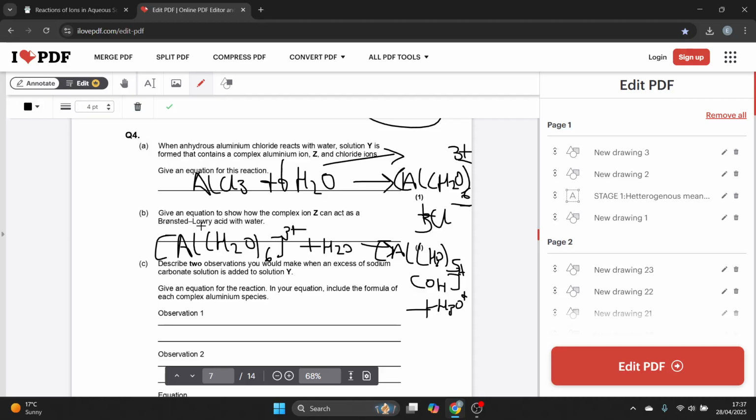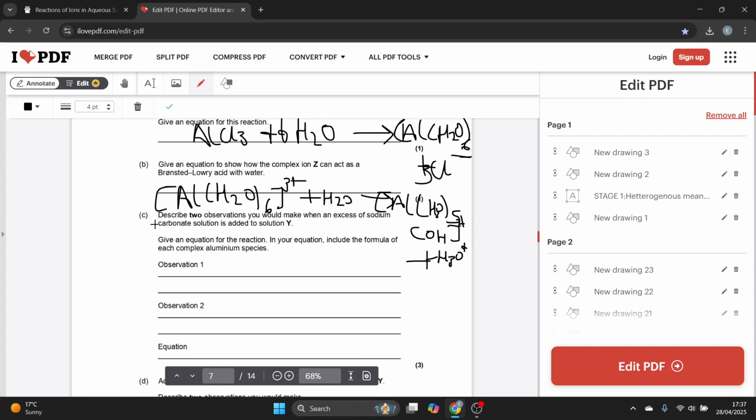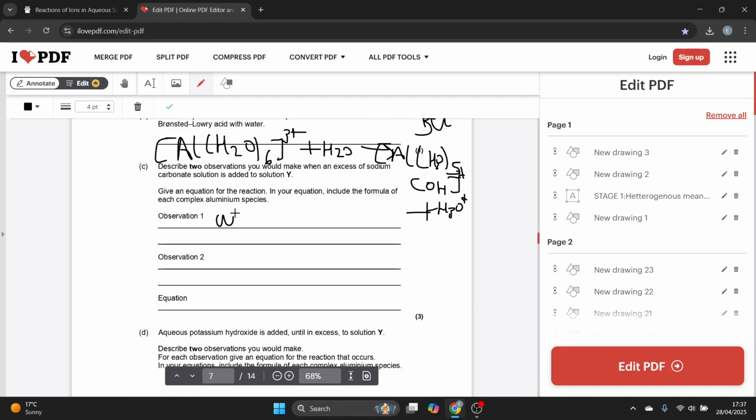Add carbonate ions to that, you get a white precipitate, and you also get effervescence. Then the equation for the reaction, include formula, when solution Y is added.